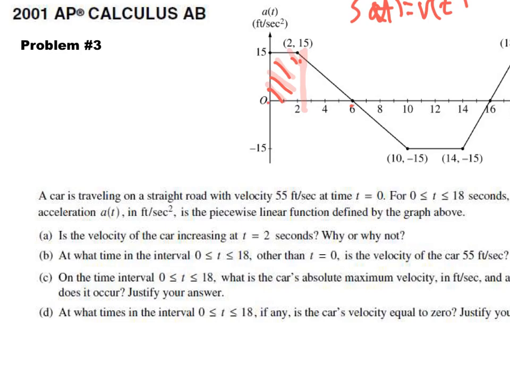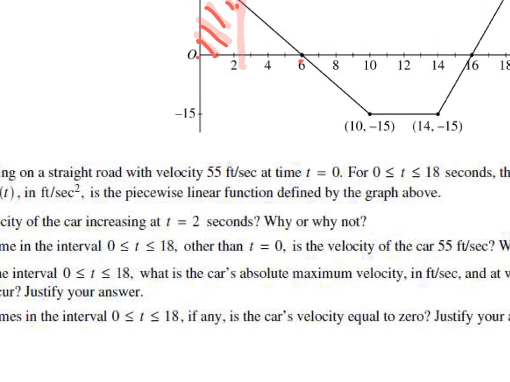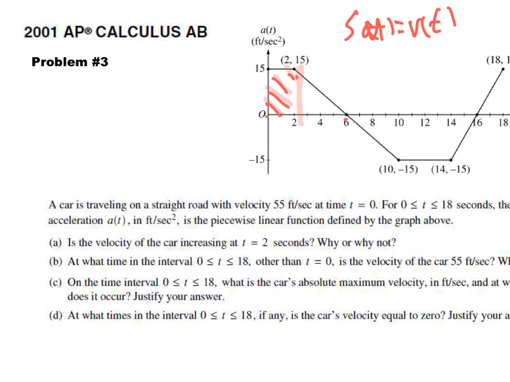At what time in the interval, other than t is 0, is the velocity of the car 55? Well, we know at 0 is 55, but there's no picture to the left of it to accumulate the area. So you'd have to take his word that at 0 he was at 55. So what you're going to have to do for B is accumulate area.